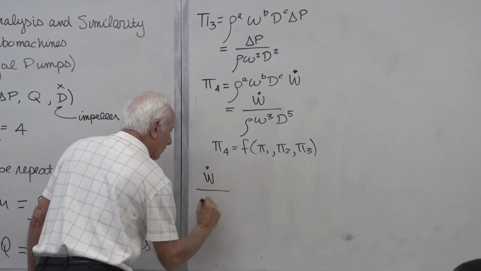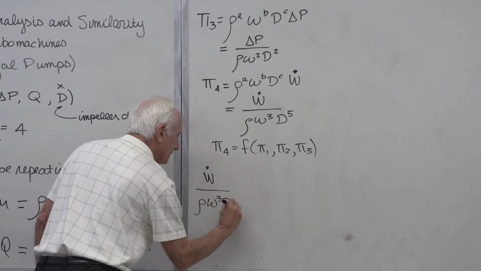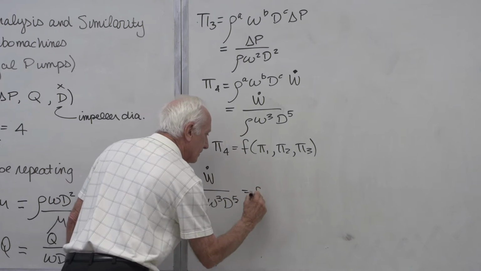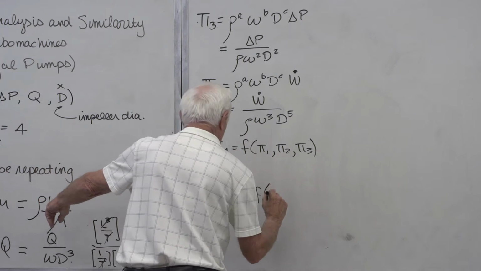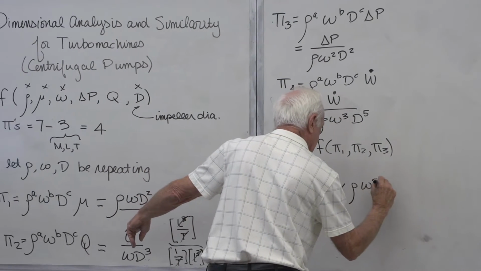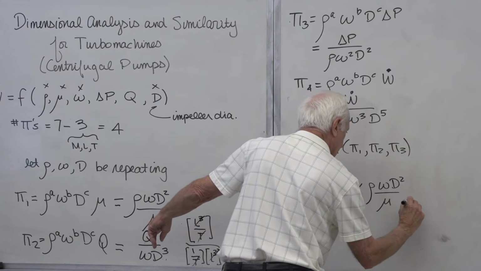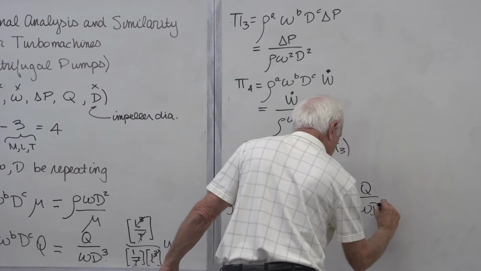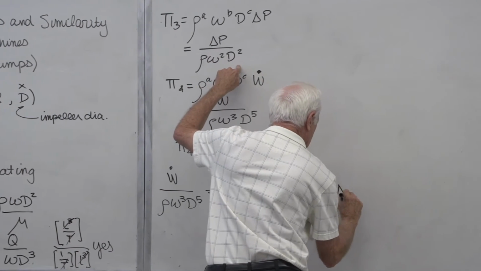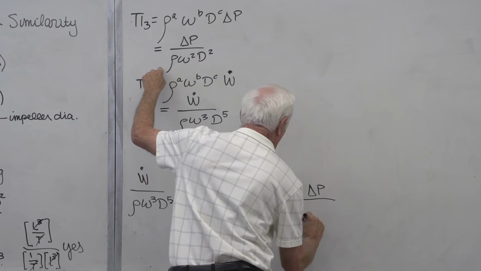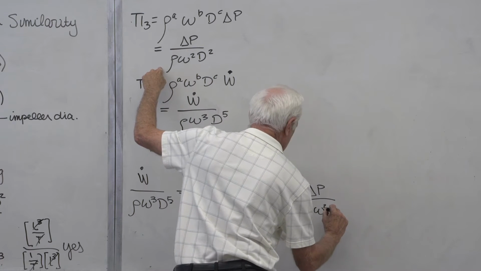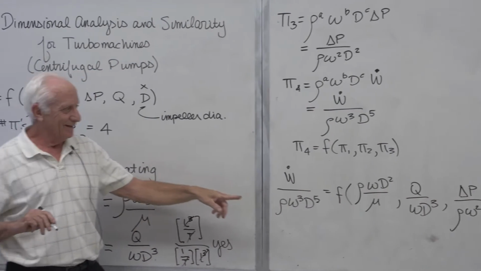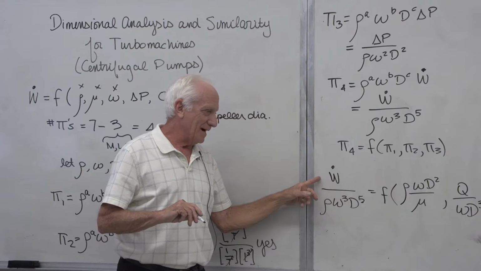W dot over rho omega cubed d to the fifth equals some function of rho omega d squared divided by mu, comma, Q over omega d cubed, comma, delta P over rho omega squared d squared. So there's the functional dependence in terms of dimensionless parameters for the power parameter.